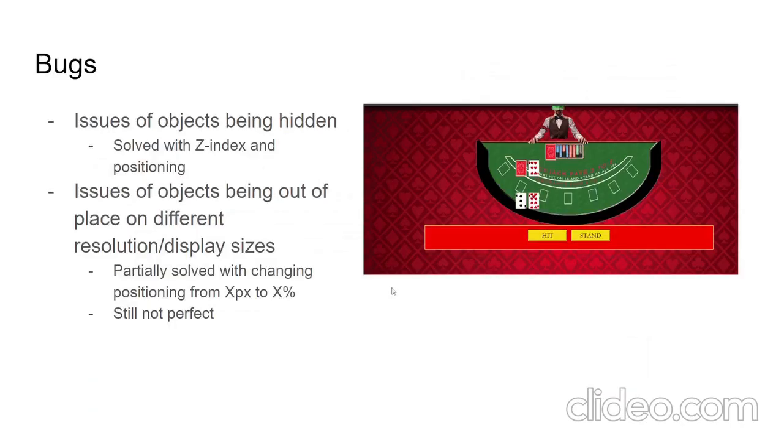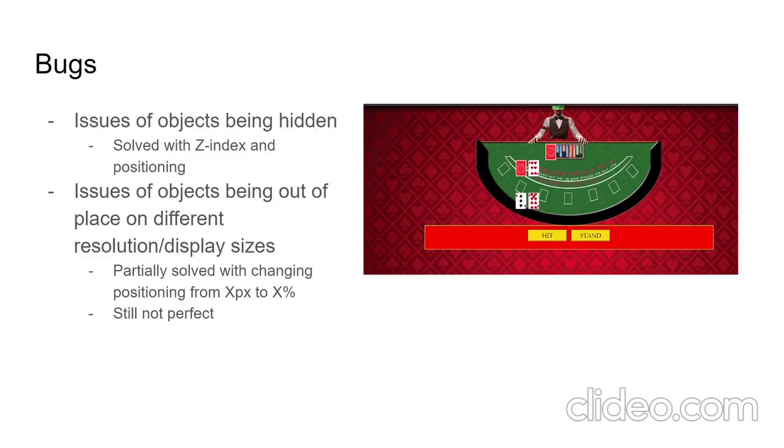So an issue we had with bugs. There was a problem with objects being hidden, but this was easily remedied with z-index and positioning. And the bigger issue that is partially unsolved is some objects are just out of place for different resolution display sizes. On my laptop, the game looks fine, but on my desktop, the cards were, as you can see on the right, out of place completely, and the dealer is floating a little.